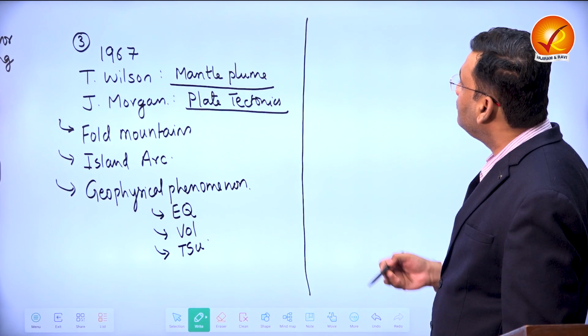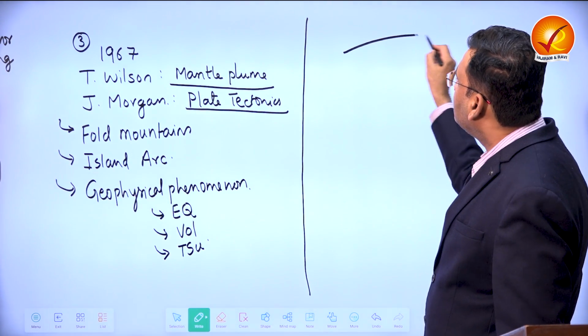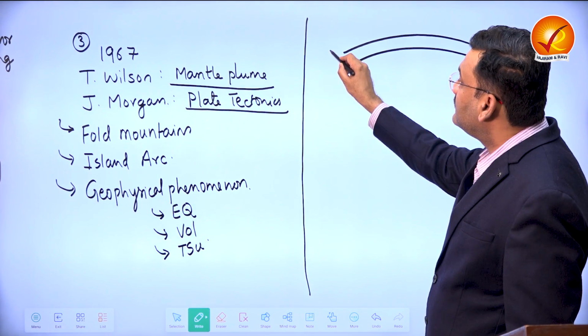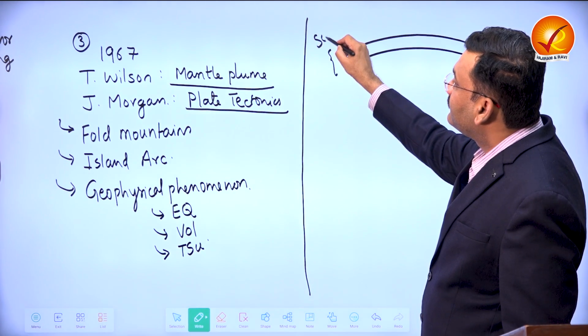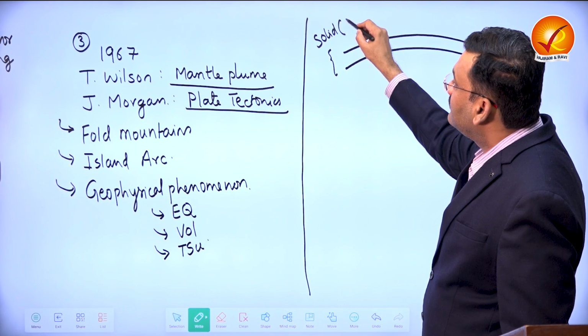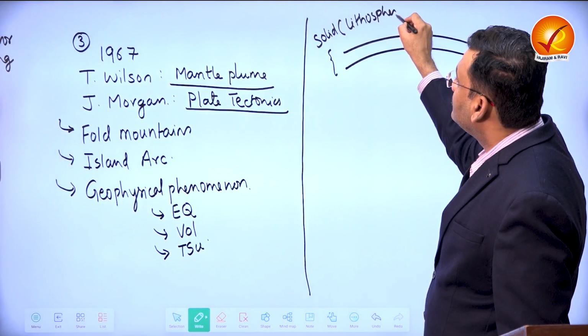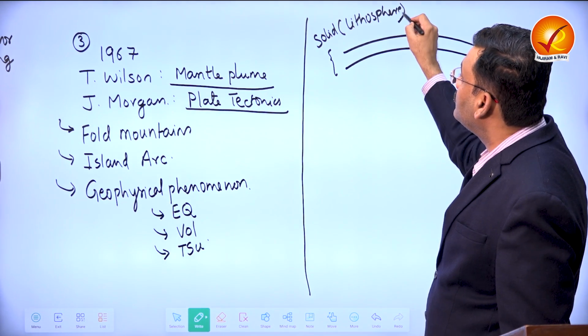So what is the modern view of the interior of the earth? The outermost layer of the earth is solid, and this is known as lithosphere.